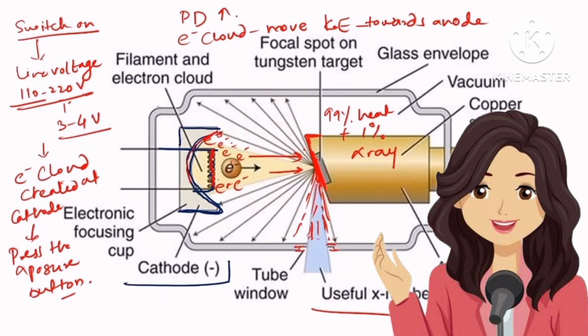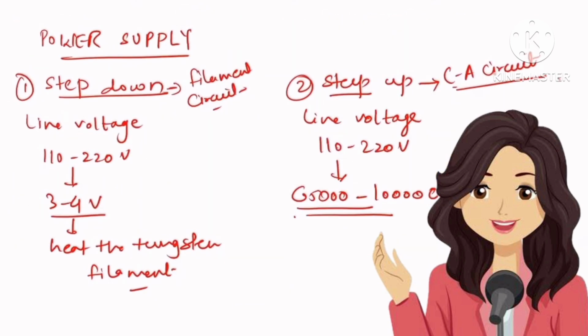But to heat the filament, the filament is 2 mm in diameter, we do not need this much voltage. So the line voltage has to be reduced to 3 to 4 volts, right? That work is done by the step down transformer, to reduce line voltage from 110 to 220 volts to 3 to 4 volts, so that the tungsten filament gets heated up. Now the step down transformer's work is over.